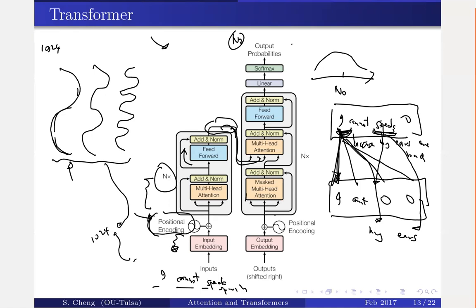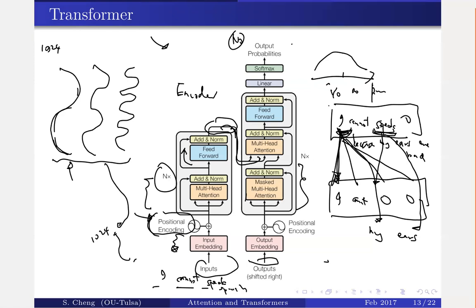By the way, this side we call the encoder, trying to encode the original input sentence, and this decoder here is doing very similar things. First of all, it is self-attention with the output sentence here. Of course, the output sentence goes one word at a time. For example, you have "yo no puedo" and so on.